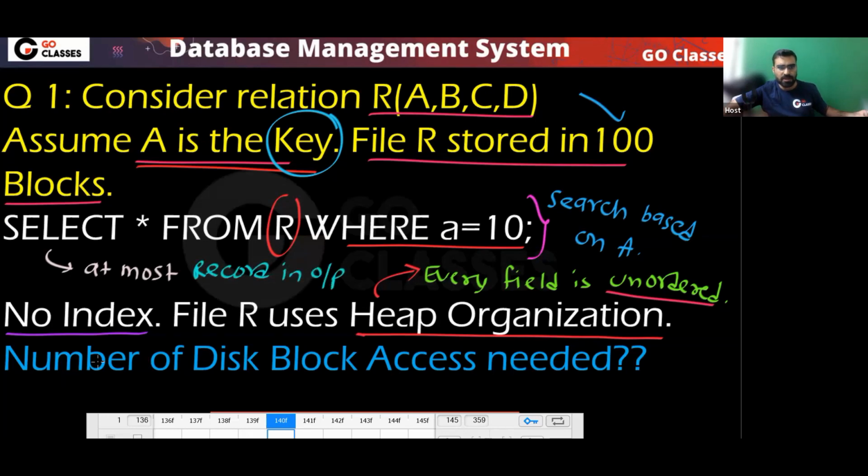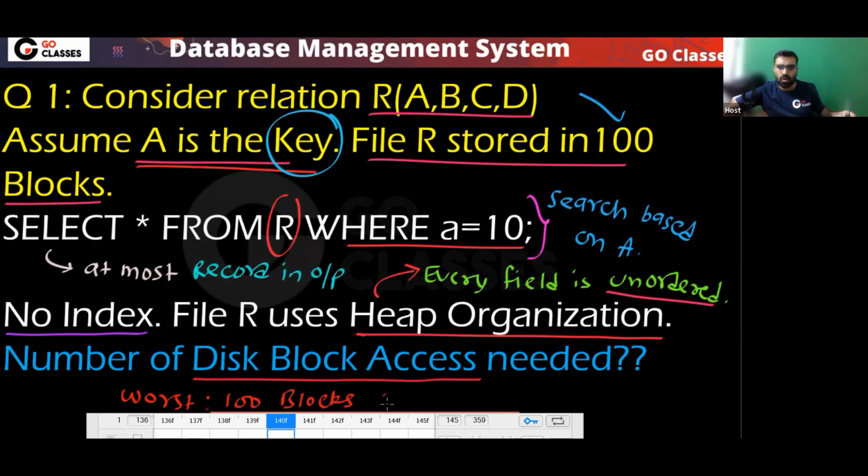So what is the number of disk block accesses that you need? The answer is very simple. Because this is a heap organization, you cannot apply binary search. In the worst case, you need to access all 100 blocks.